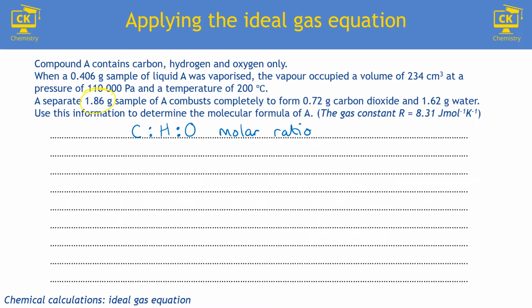And all of this is simply using the relationship between mass and moles and relative formula mass. That is it. So the first thing we can calculate is the moles of CO2 and the moles of H2O, because that is what we have the mass of.